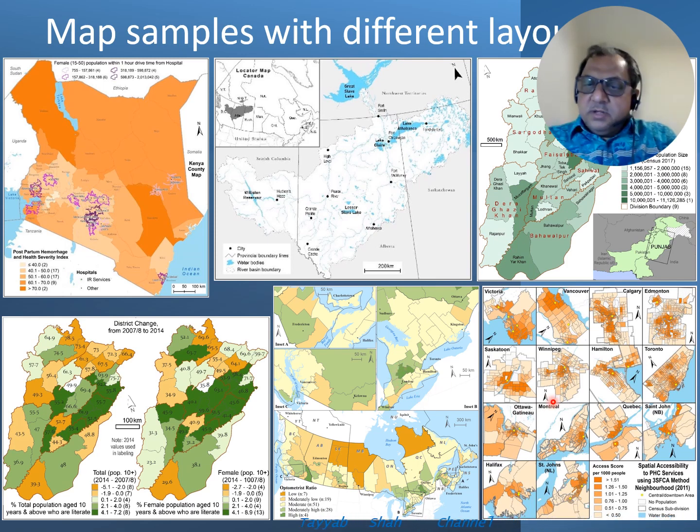And there are some cases where you have a number of maps and you want to fit them into one layout. This is a typical example, where you have to design according to your number of map frames and how you will design those grids to fit in your map layout.